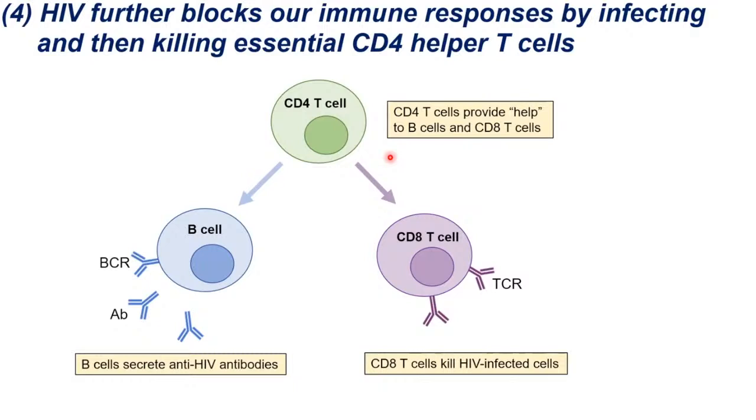Sometimes we call these CD4 T cells helper T cells because they help the rest of the immune system do their job. In particular, they help both B cells and CD8 T cells. So if HIV comes along and infects a CD4 helper T cell and then wipes out that T cell, we lose this communication with the rest of the immune system and we have decreased immunity.